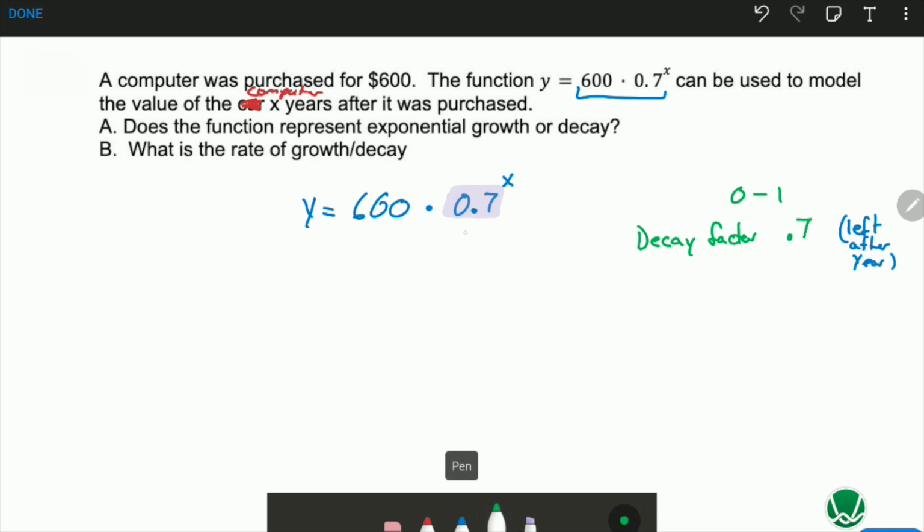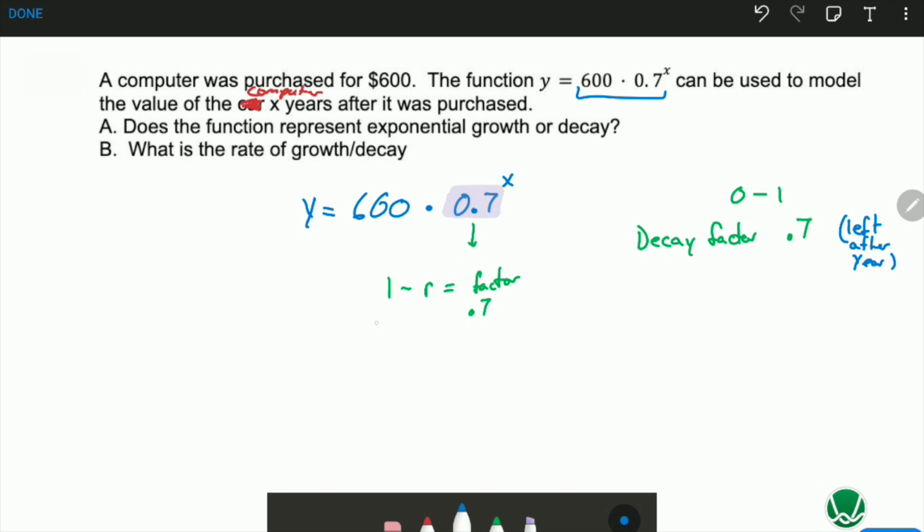And if we break this down, normally, this is a result of taking 1 minus our decay rate to get the decay factor, which is currently 0.7. Well, with some simple math, you can easily figure out that it's 0.3.